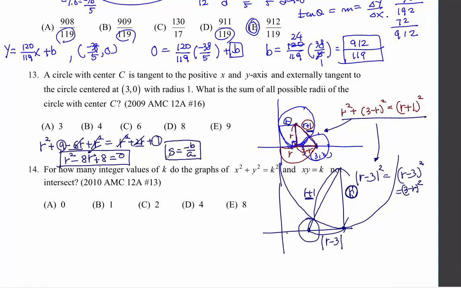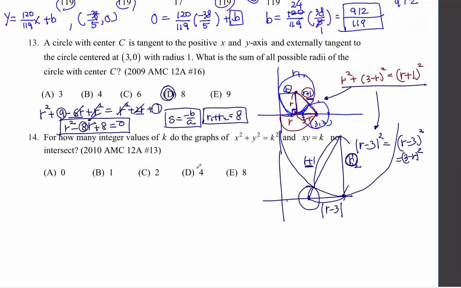So the sum of the roots over here is 8. This is R1, this is R2. So R1 plus R2 is what? Negative of negative 8 over 1 is 8. Yep, that's it.